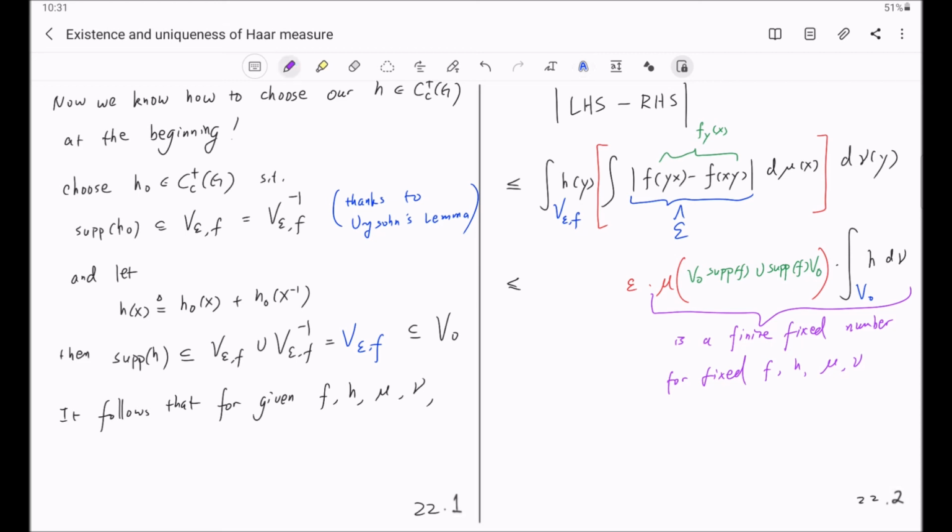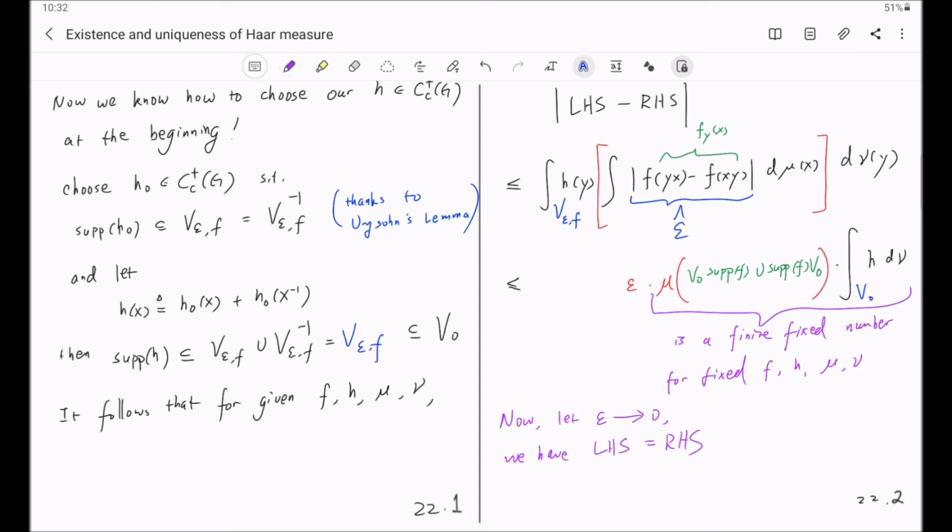Now, let epsilon go to 0. We have left hand side must be equal to right hand side. This finishes the proof of the uniqueness of Haar measure.